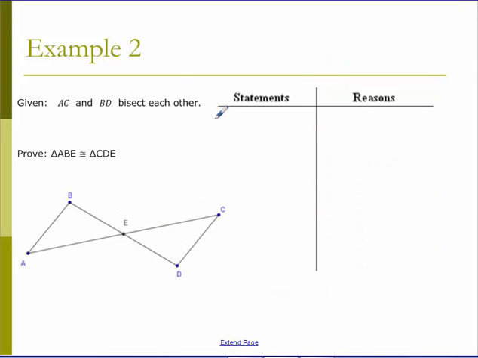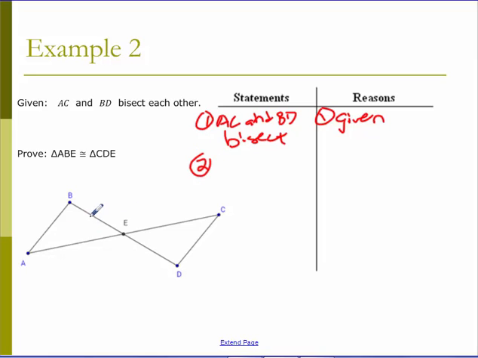Similar setup, start drawing the picture, start writing your given, and then we'll do the proof together. So since these both bisect each other, I know that BD is bisected, and I know that AC is bisected. So if BD is bisected, I know that these 2 are congruent.